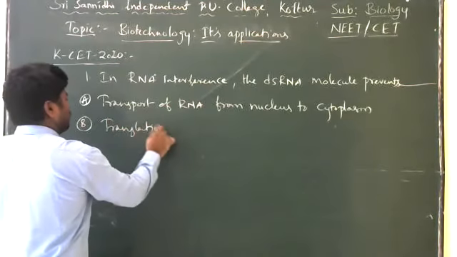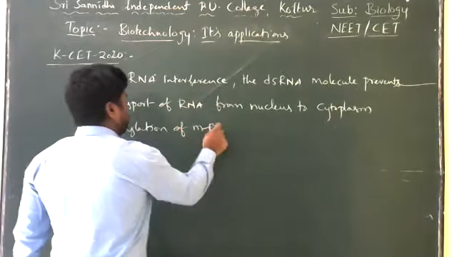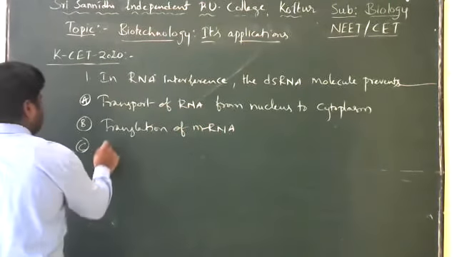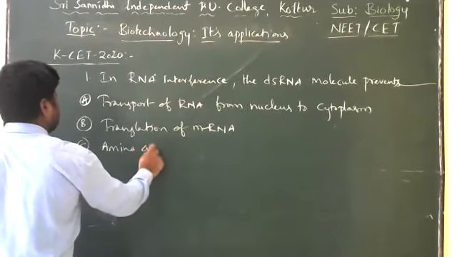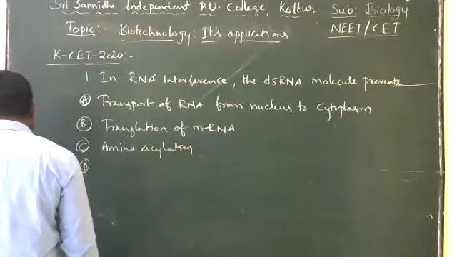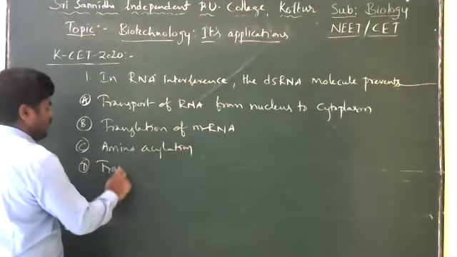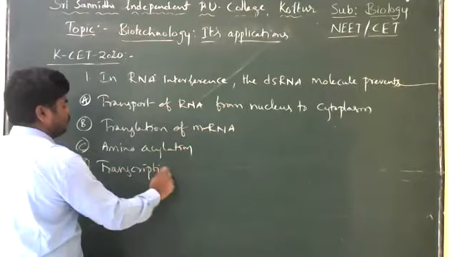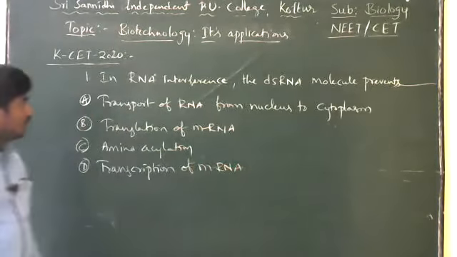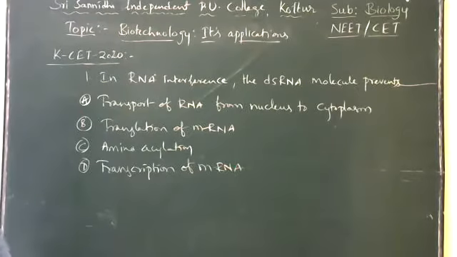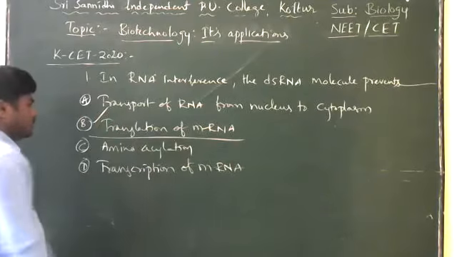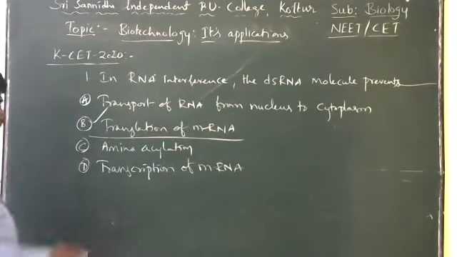Next, C, aminoacylation. Next, D, transcription of mRNA. The given options: in RNA interference, the double stranded RNA molecule prevents which process? So it prevents translation of mRNA. B is the correct answer. The rest are wrong.